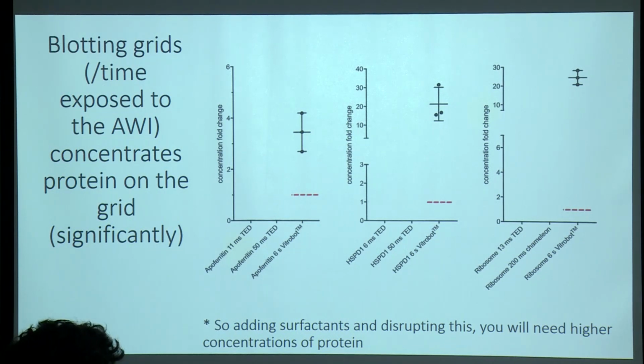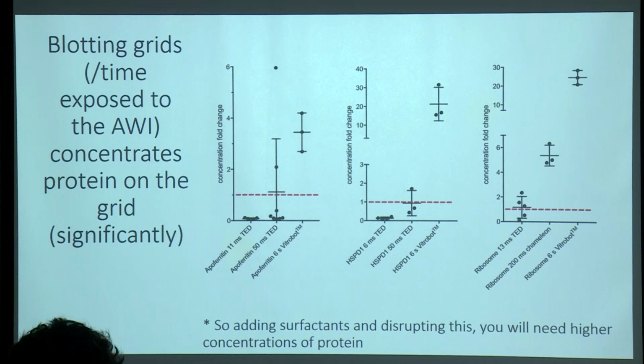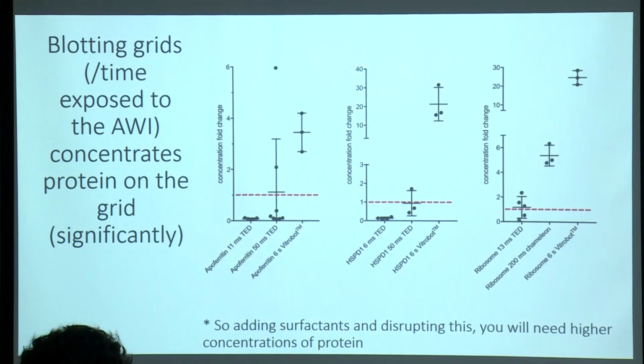So essentially our protein is concentrating up in this thin film environment that's being formed. And if we use our alternative sample preparation methods, so the time-resolved device or the chameleon, for example, we sometimes see a little bit of a concentration effect, or we don't see a high concentration effect at all.